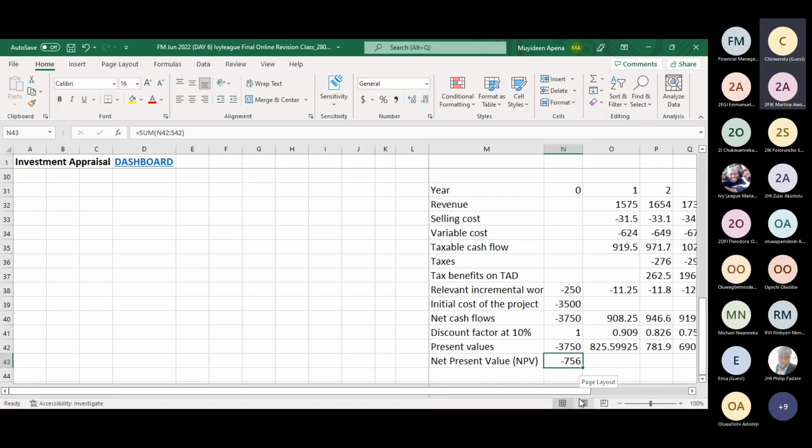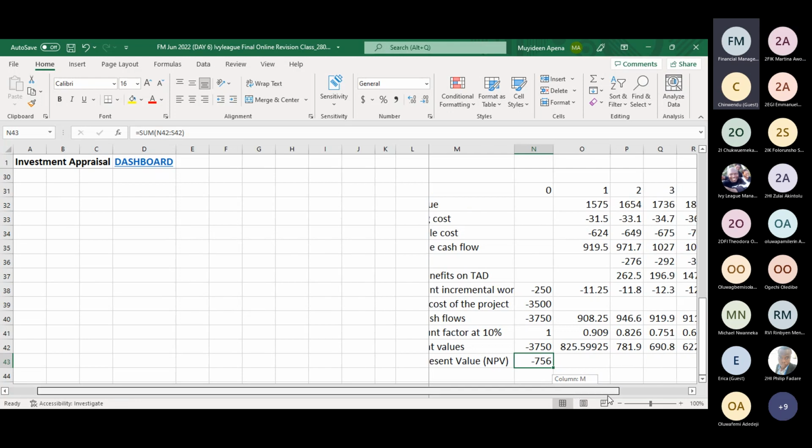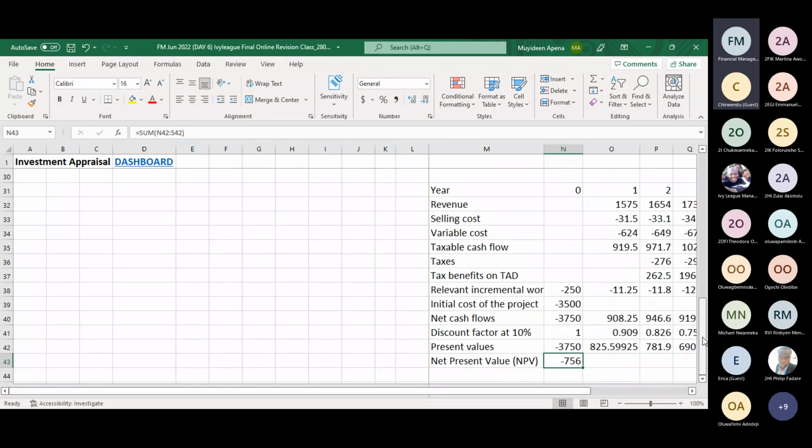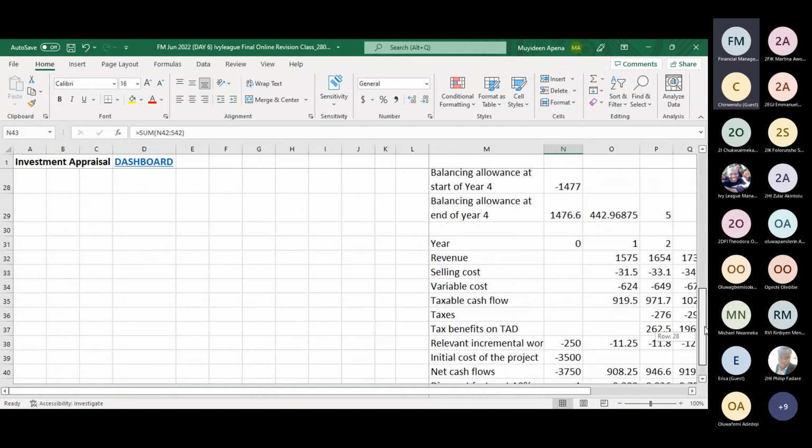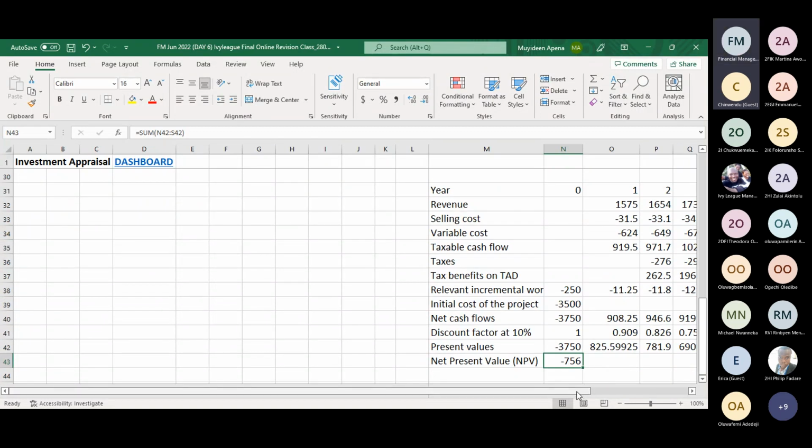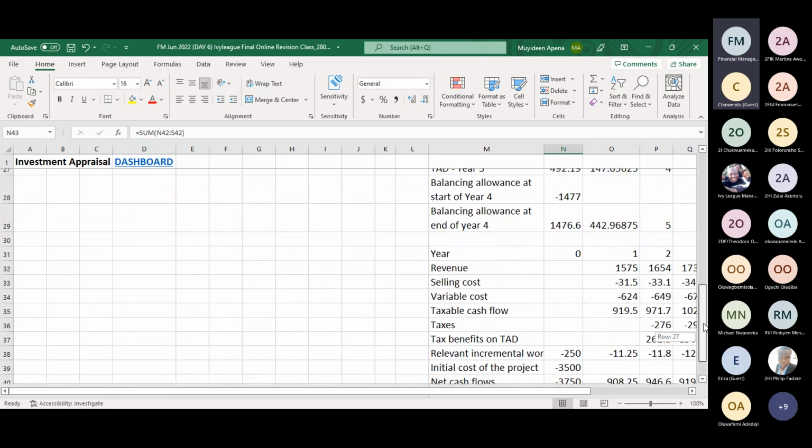In a way, for this kind of elaborate project, when they've given us a lot of details, you wouldn't know whether it's going to be negative. So you'll be curious and say, I hope I didn't omit anything. So I'm just calling your attention to what is expected. So you just quickly check to be sure you've actually captured everything.